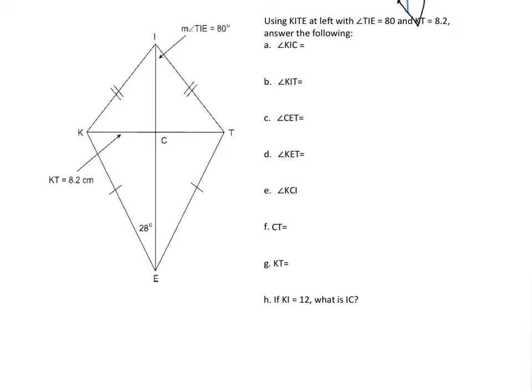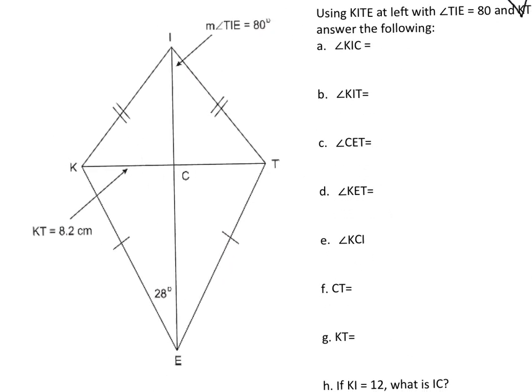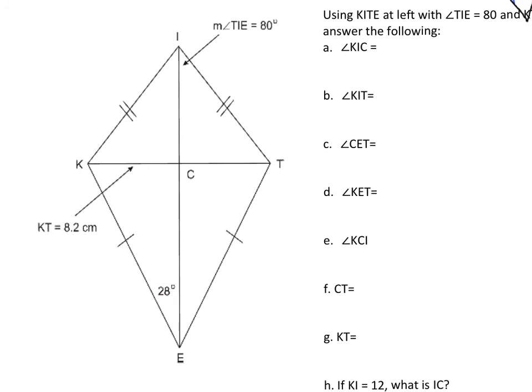So if I recall the properties, I'm going to blow this up a little bit so I can draw some more on it. So I know that this is 80 degrees, and because of those congruent triangles, I know it bisects the angle, so this angle is the same measure, so this also has to be 80 degrees. And same for down here, this also has to be 28 on this side.